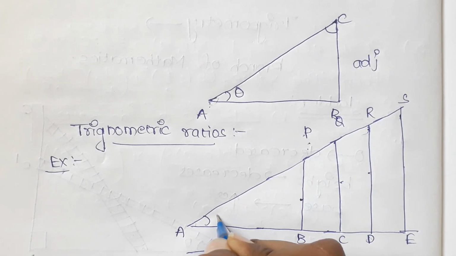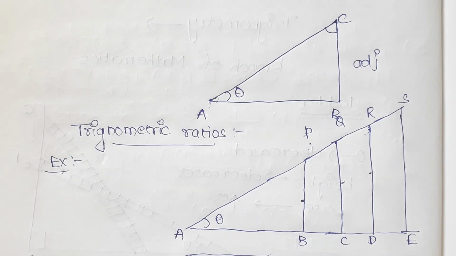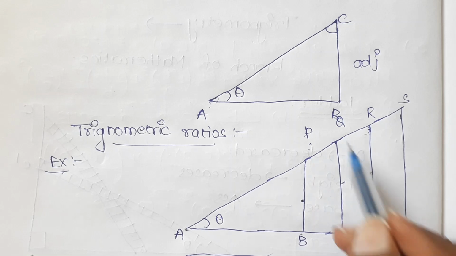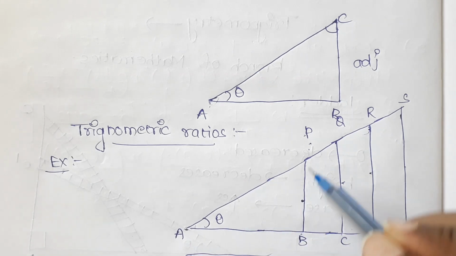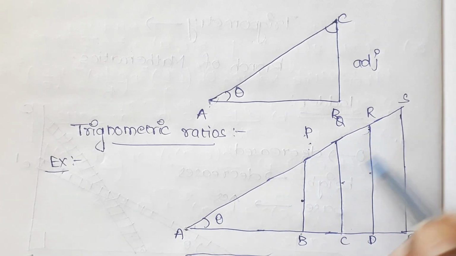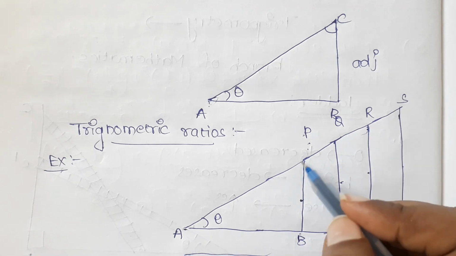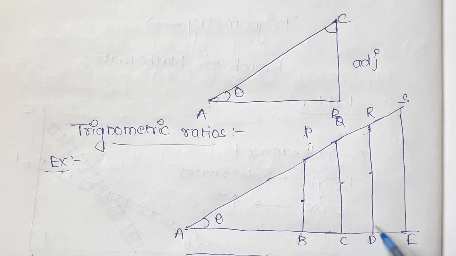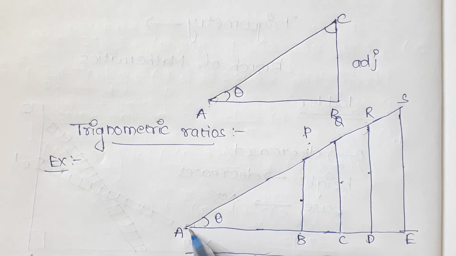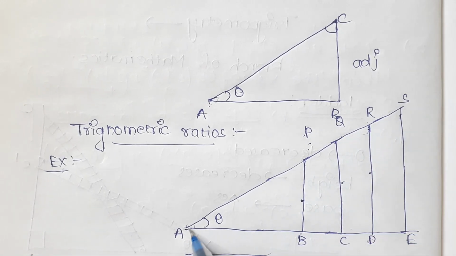Here is the angle theta. In this figure, let us observe that we have 4 right angle triangles: ABP, ACQ, ADR and AES. Now we should find the lengths of AP, AQ, AR and AS. And again we should find the ratios BP by AP, CQ by AQ, DR by AR, ES by AS.